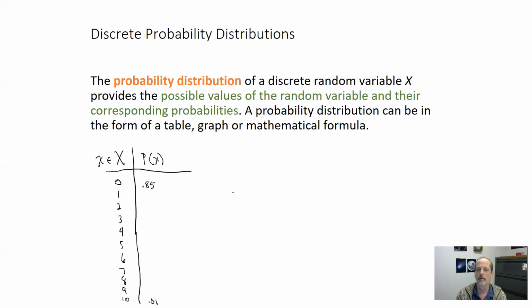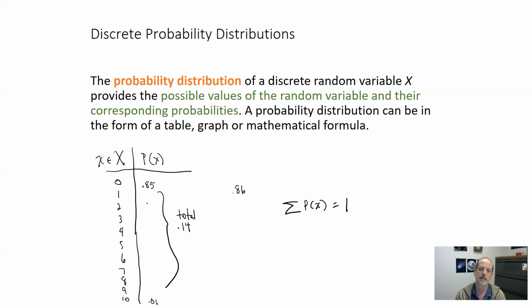Okay, so here I've used up 0.86. So all the rest of them must sum to 0.14, because the sum of all the probabilities has to equal 1.